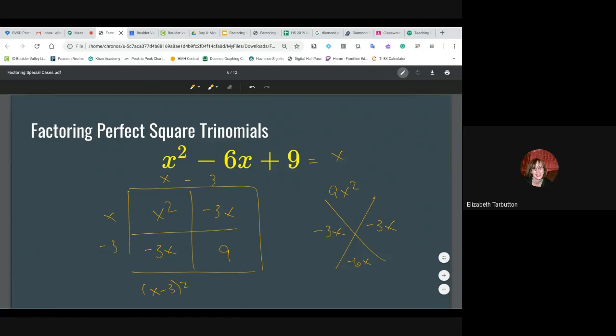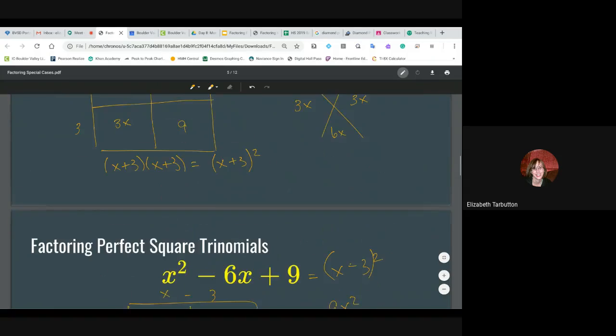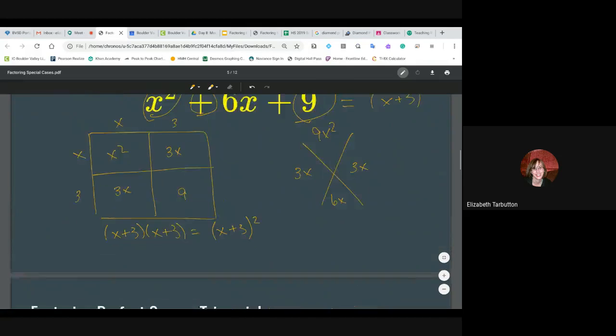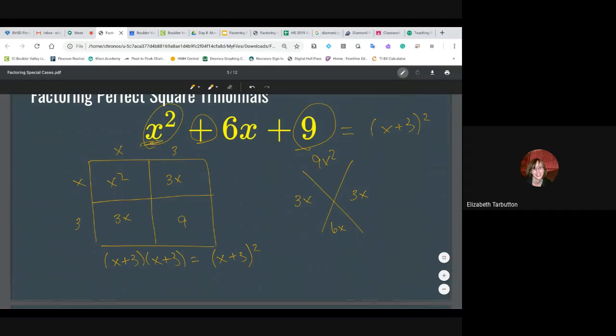So here the shortcut is if we have a perfect square in our first term and a perfect square in our second term, and all of our terms are adding, then we can do an x plus some number here and square it.